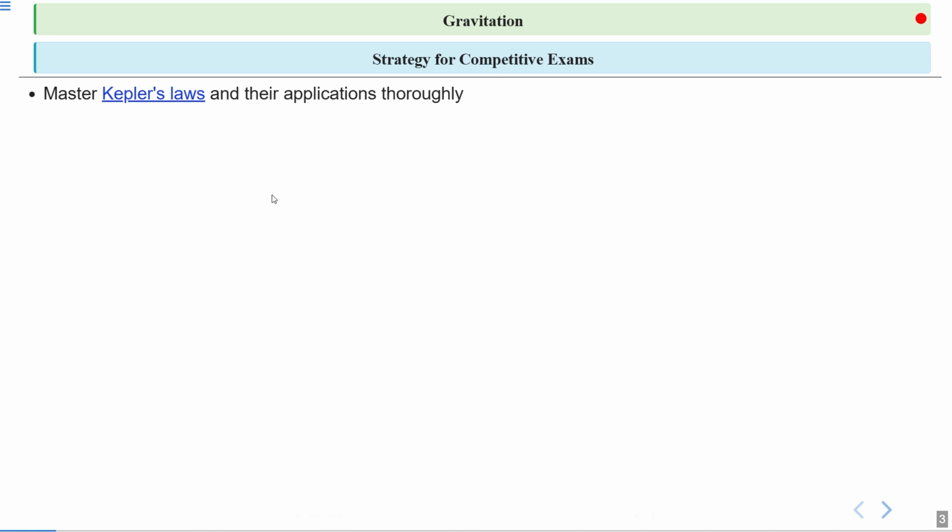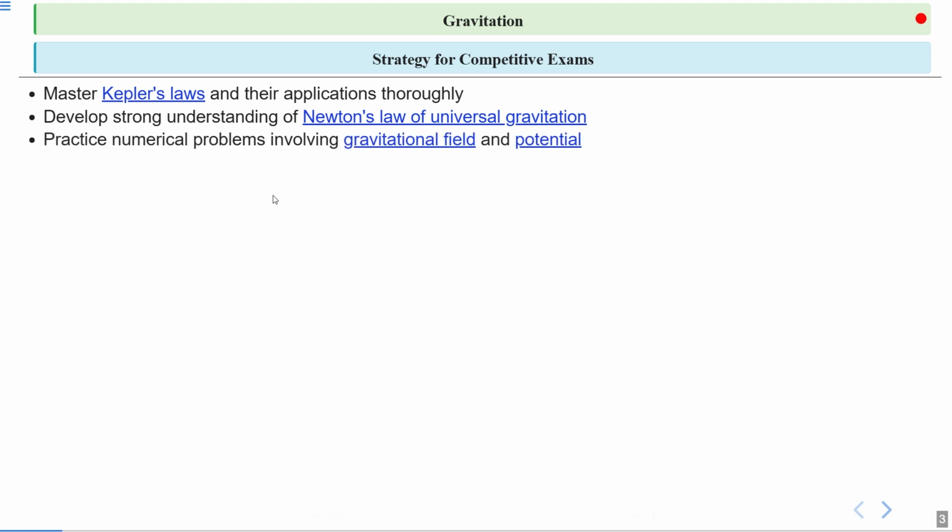Strategy for competitive exams. We will start by mastering Kepler's law. We will develop a strong understanding of Newton's law of universal gravitation. Practice numerical problems involving gravitational field and potential.